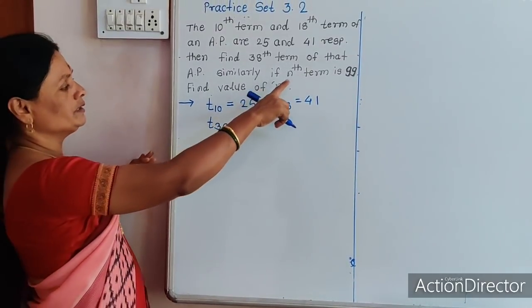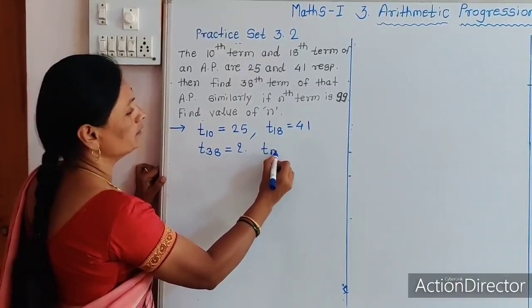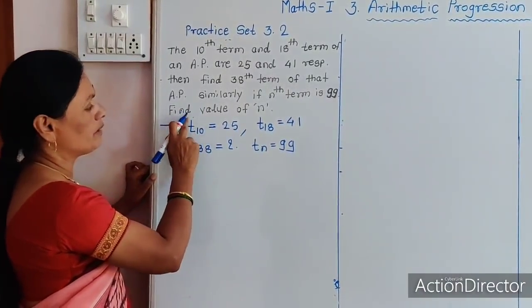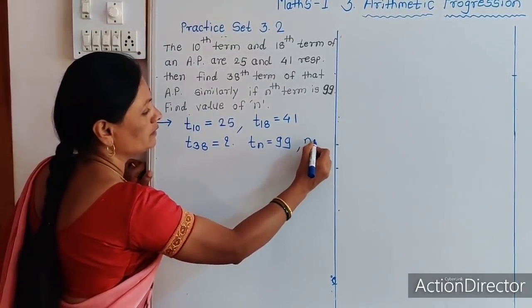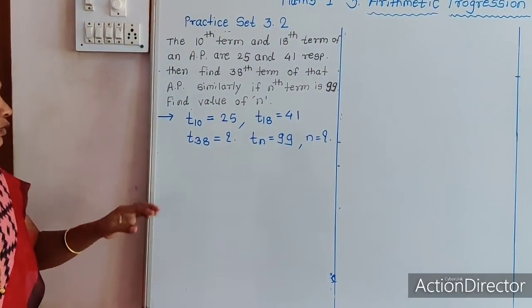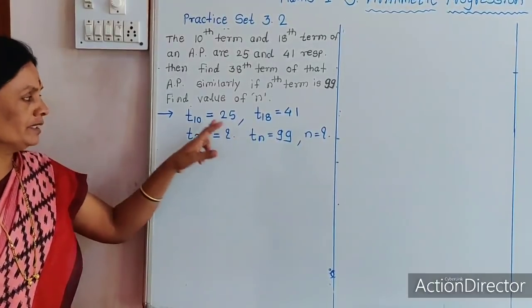Also we have given the nth term, Tn is equal to 99, and find the value of n, and n is equal to question mark. Only these things are given in this example.